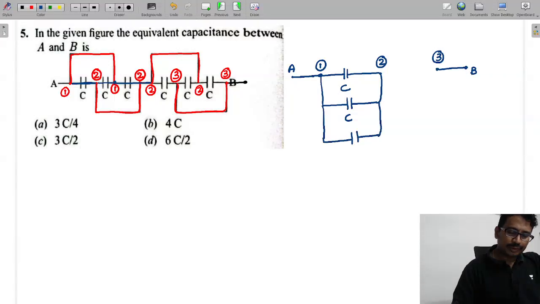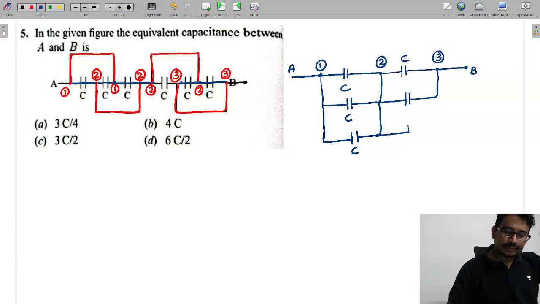This is C. Next, 2 to 3 means here, this capacitance 2 to 3. And this is 3 to 2, and this capacitance is 2 to 3. Now this is C, this is C.